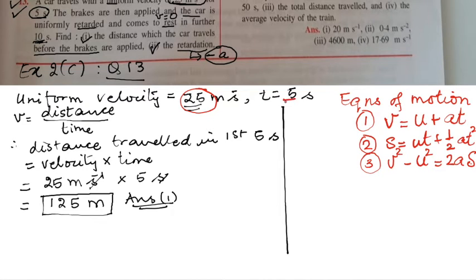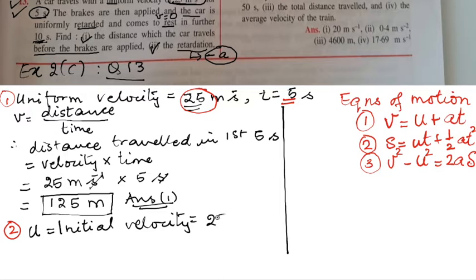Now we have initial velocity, that is 25 meter per second. This was carried on for 5 seconds. Then we applied the brakes. For how long? So if this is our first part, in our second part we will say that initial velocity is going to be 25 meter per second.